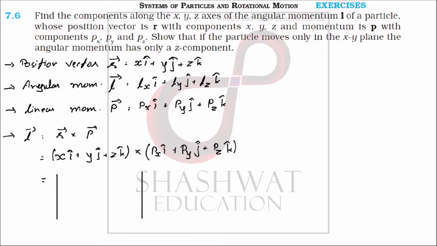Taking determinant: i cap, j cap, and k cap; here x, y, z, and third row is px, py, and pz.